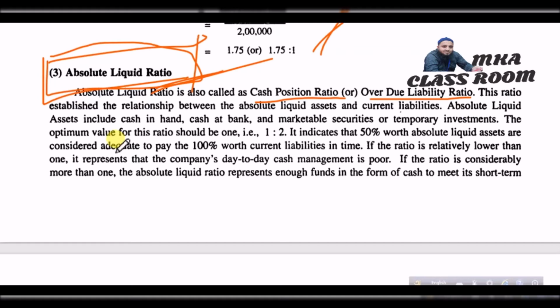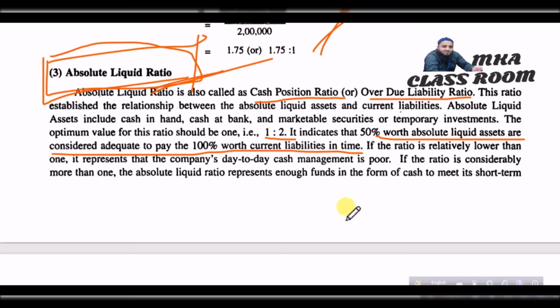Absolute liquid assets include cash in hand, cash at bank, and marketable securities or temporary investments. The optimum value of this ratio should be 1:2. It indicates that 50% worth of absolute liquid assets is considered adequate to pay 100% worth of current liabilities in time.